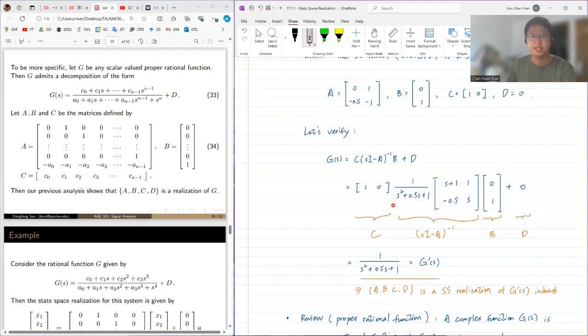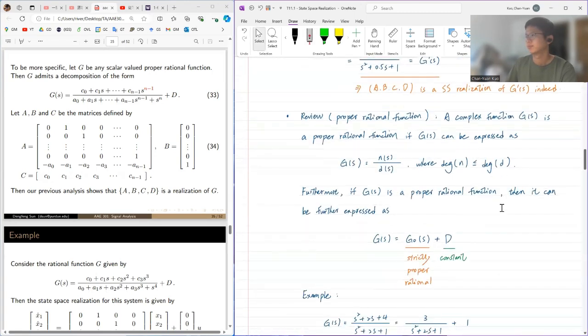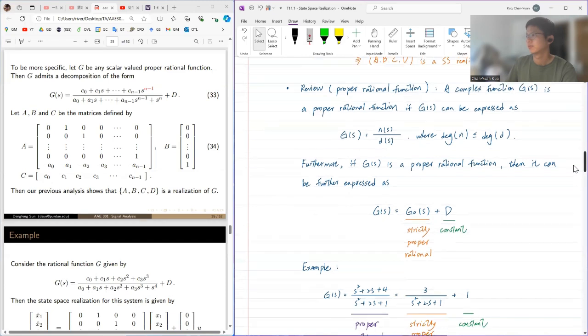Later, we will look at a systematic way to obtain a state space realization of a proper rational transfer function G(s). Before that, let's review the definition of a proper rational function. We say a complex function G(s) is a proper rational function if G(s) can be expressed as a fraction of two polynomials, N(s) over D(s).